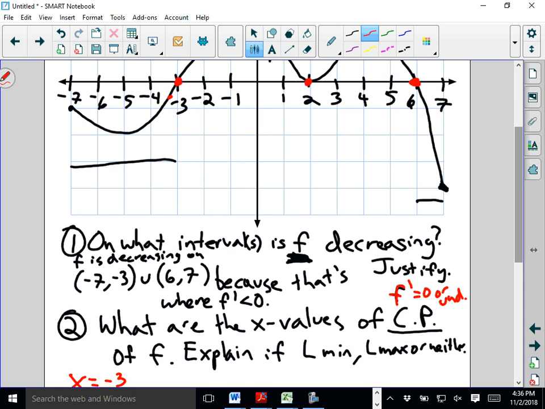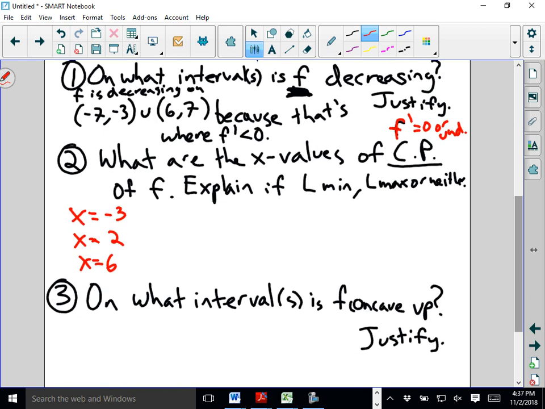But then, on the right side of -3, our f prime is now positive. So f prime went from negative to positive. Therefore, we have a local min at x equals -3. And again, my justification is because f prime switches minus to plus.